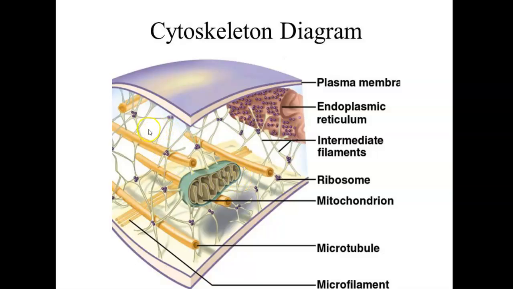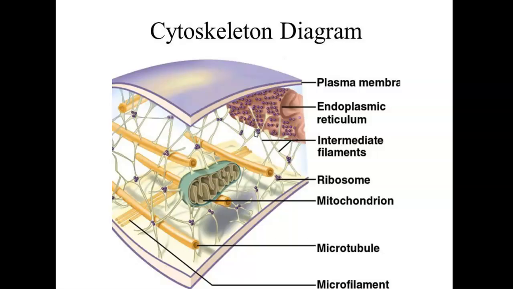So in this diagram here, the cytosol would be represented by this white space. The cytoskeleton is a collection of protein filaments, including microtubules, which you can see here, microfilaments, and you can see some microfilaments here, and intermediate filaments, which you can see here.